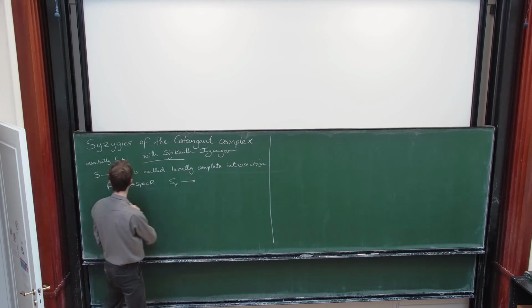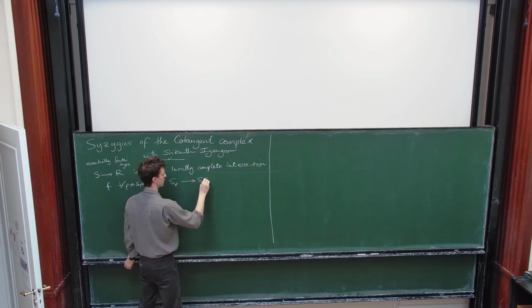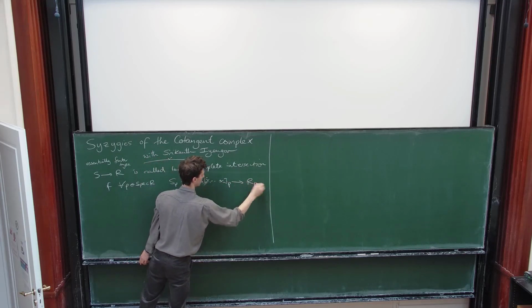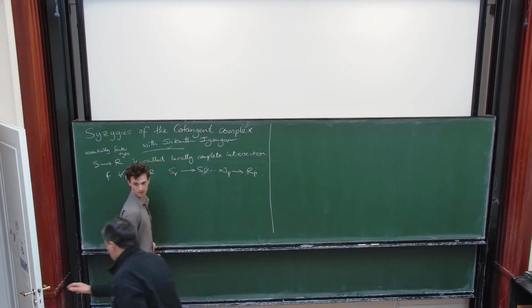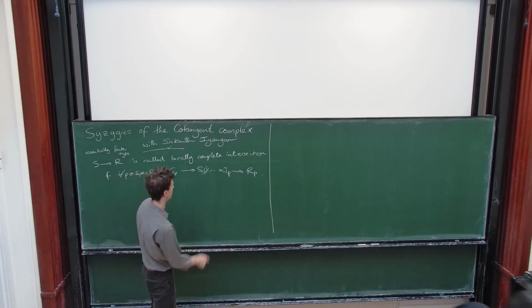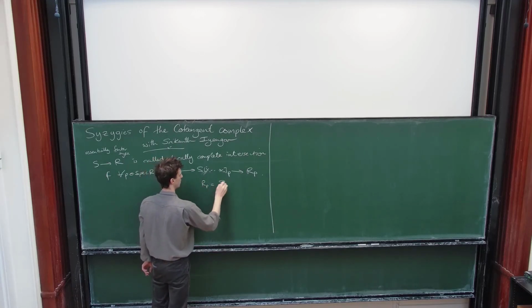Which means if the map is not surjective, I can just throw on some variables to make it surjective. Okay, and then I want this map to be a surjective map whose kernel is generated by a regular sequence.